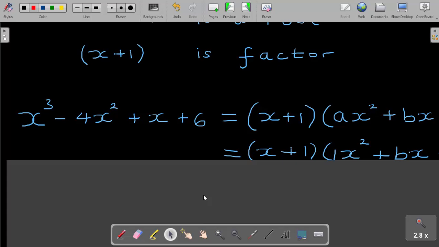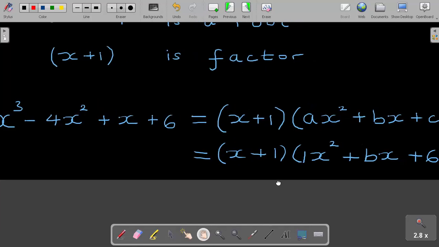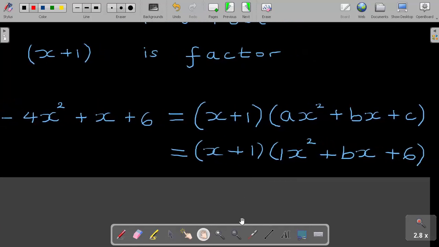Because if I multiply x times 1x squared, I'm going to get x cubed. So that's why I put 1 here where there is a. I repeat, x multiplied by 1x squared gives me 1x cubed, meaning that putting a positive 1 here is wise and correct. Okay, let us proceed.